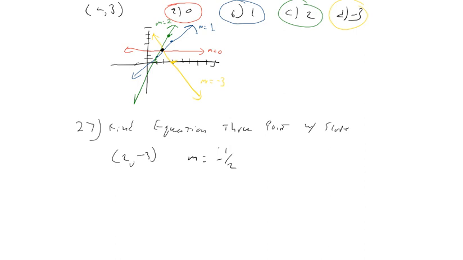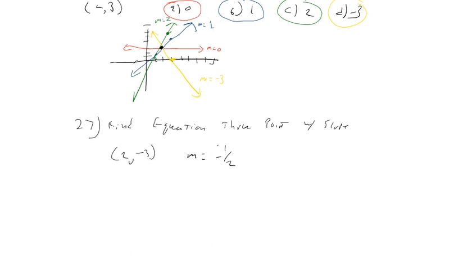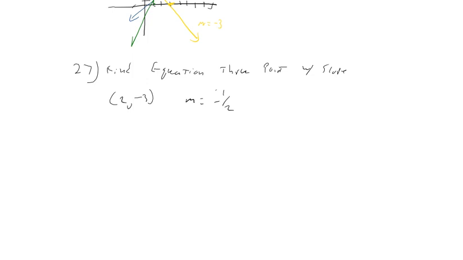I want to make an equation. It says the general form, but general just means, to me, any equation is fine. So we have a point and we have a slope. So we're going to write the equation. I'm going to use point-slope form. y minus y1 equals m times x minus x1. My point here is x1 and y1.